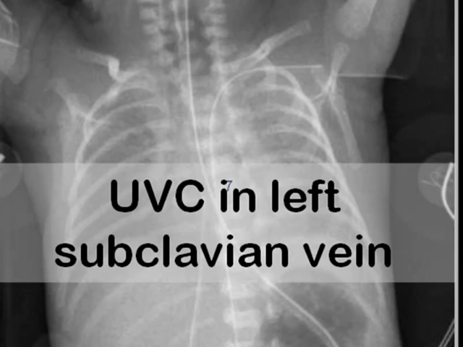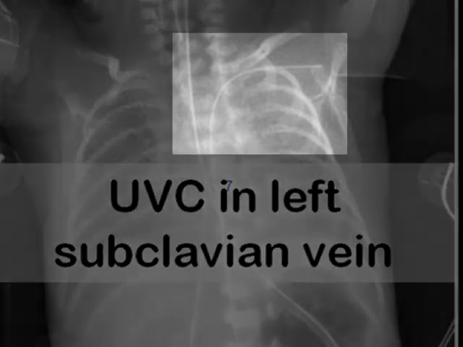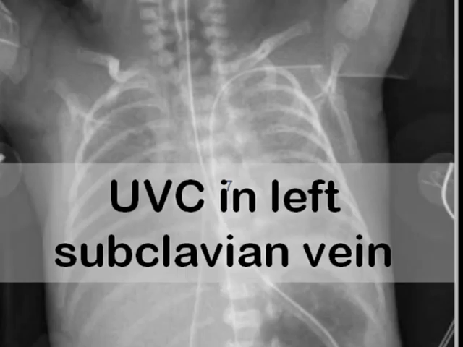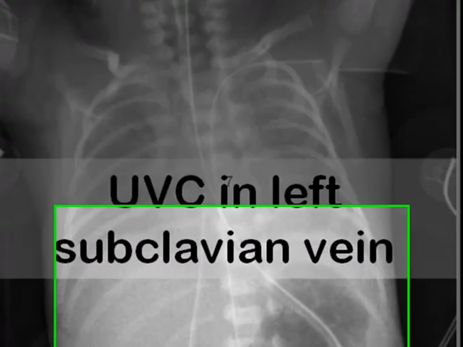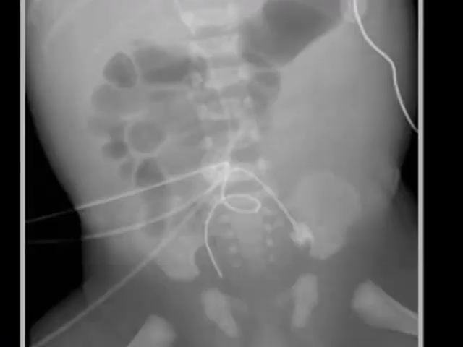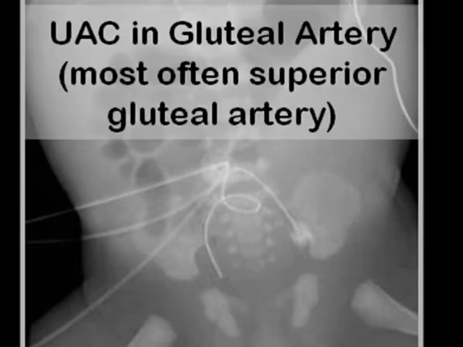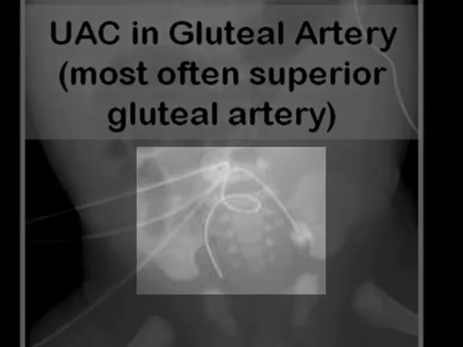This is an example of an umbilical venous catheter whose tip extends into the region of the left subclavian vein. Here's an example of an umbilical artery catheter, which is in a gluteal artery. Most often, the catheter goes into the superior gluteal artery because of its size.